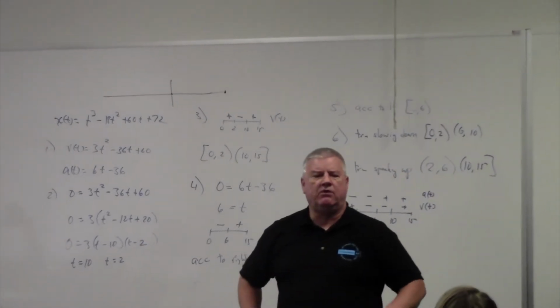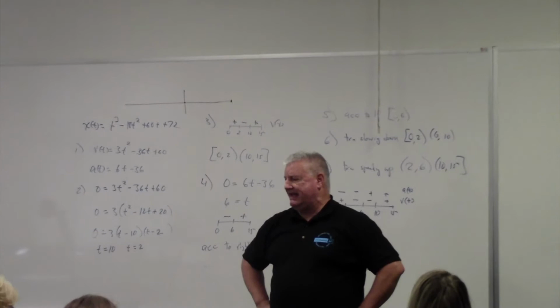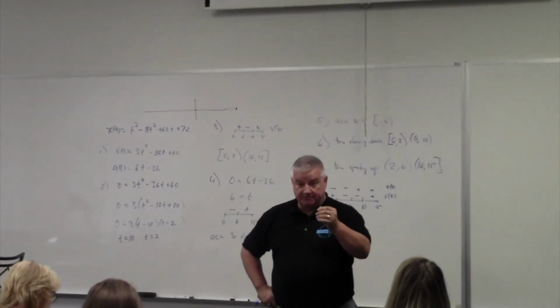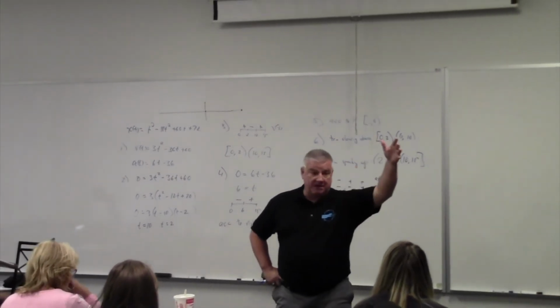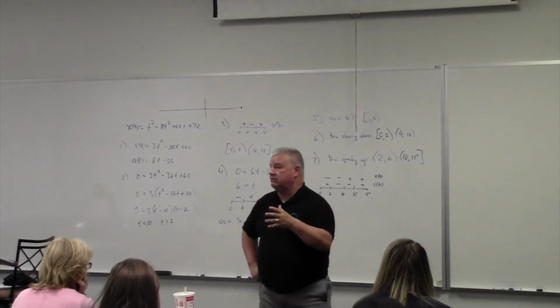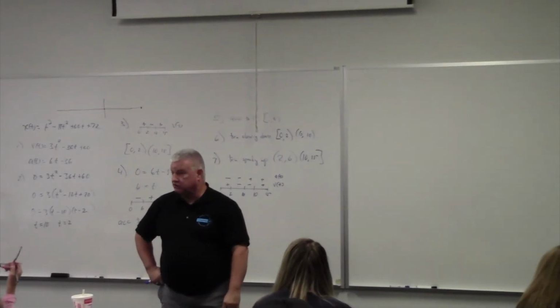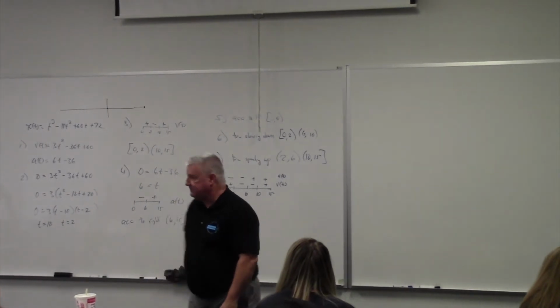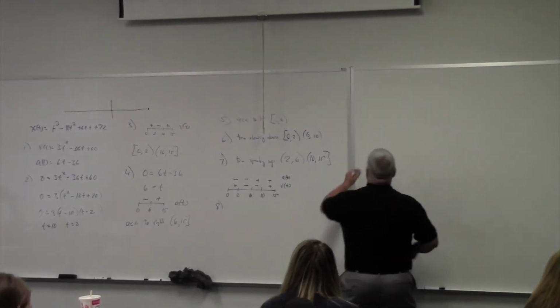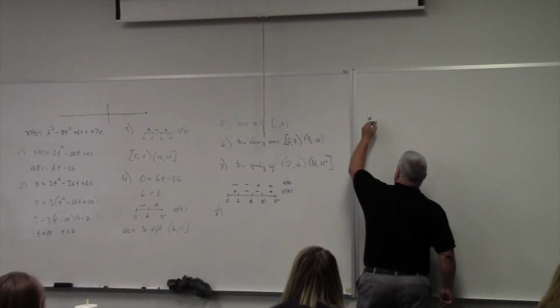What are the important values here? Certainly when the problem started and when the problem ended. What else is going to impact the total distance? When the trailer turns around, okay? So what I want to know is x of 0.